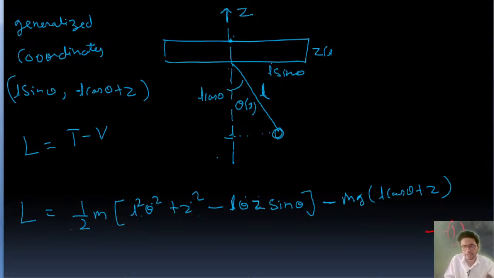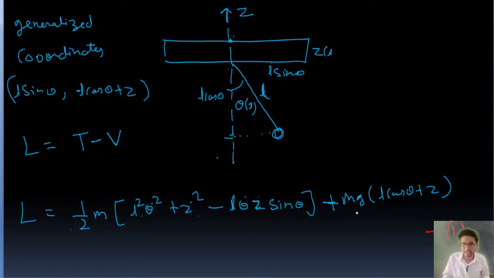Here we have made a mistake: this is the Lagrangian, so L equal to T plus V is wrong. L equal to T minus V is correct.